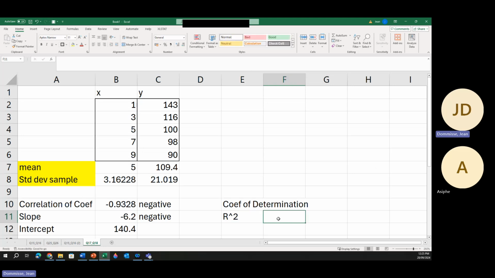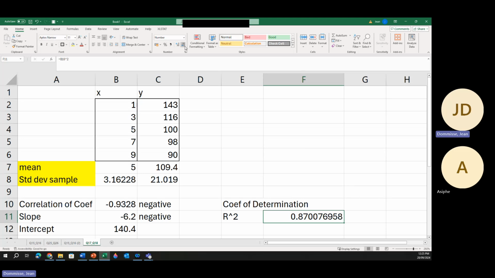So all that we do is we take that correlation coefficient and we square it. Okay, so again, it is possible to do that in Excel.